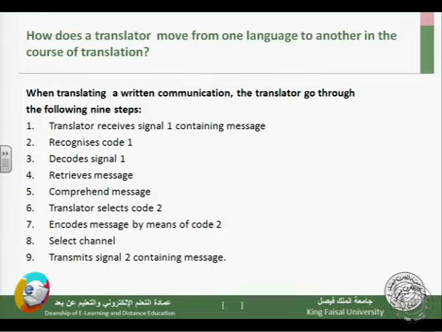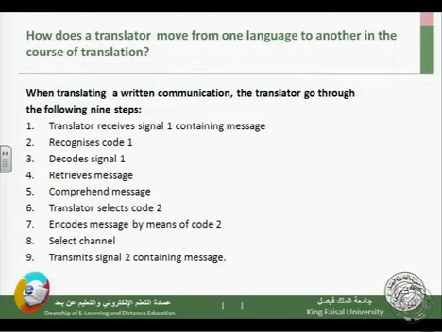Now, if we want to know how a translator moves from one language to another in the course of translation, it's different from a monolingual. You can see that we have 9 steps a translator has to follow when he moves from one language into another.